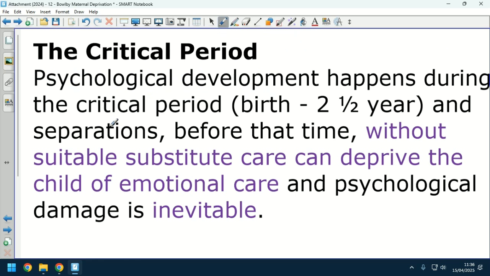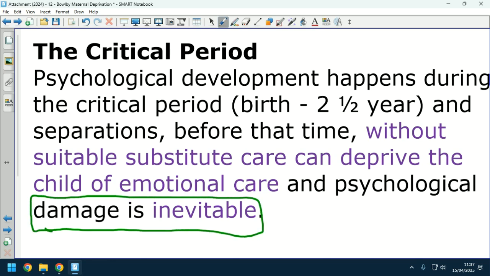He adds to his understanding of the deprivation model this idea of the critical period. He directly borrows this from Harlow and Lorenz and people like that, and he includes this in his attachment explanation as well. But he says that in terms of maternal deprivation, damage is inevitable. Now, that's quite a loaded statement.